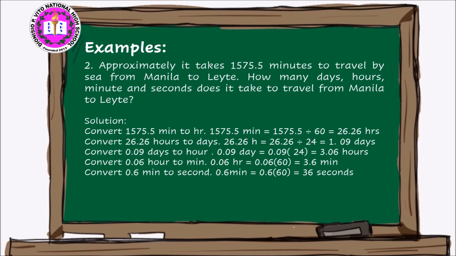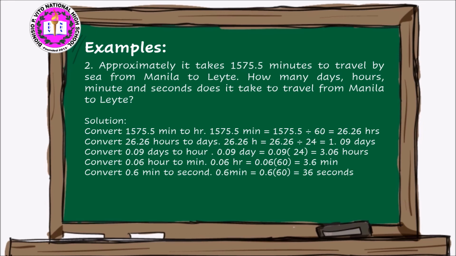And we're going to convert 0.09 days to hours. 0.09 day is equal to 0.09 times 24 hours, which is equal to 3.06 hours. And we're going to convert 0.06 hour to minutes.